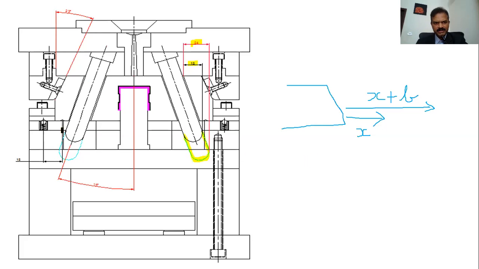Hope this is clear. And the mounting angle of the pillar is 15, and this should be 5 degrees more, that is 20. And you have a wear plate, and this is pretty much a 3-plate mold design. The split cavity mold is all about this.